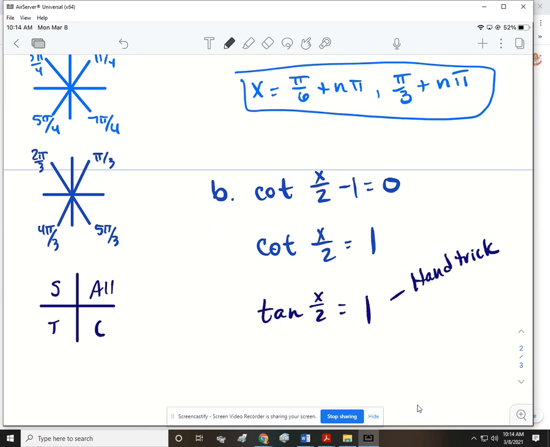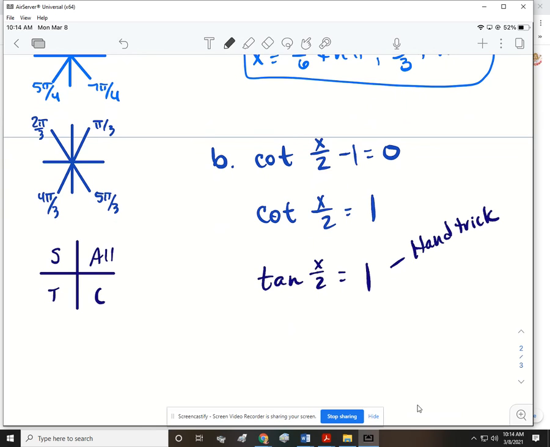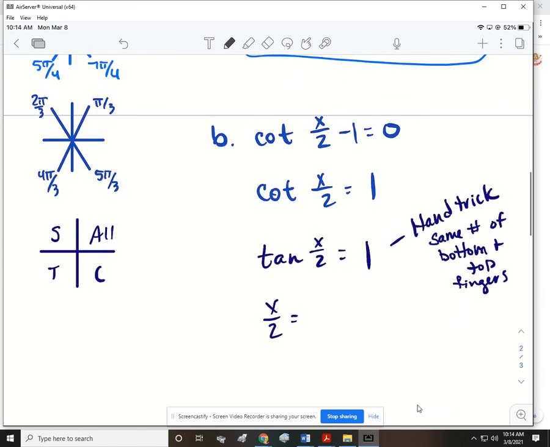So on the hand trick for tangent, you're dividing the square root of the number of bottom fingers over the square root of the top fingers. And so the only way you can divide and get 1 is if it's the same number of bottom and top fingers. Also let's talk about quadrants.